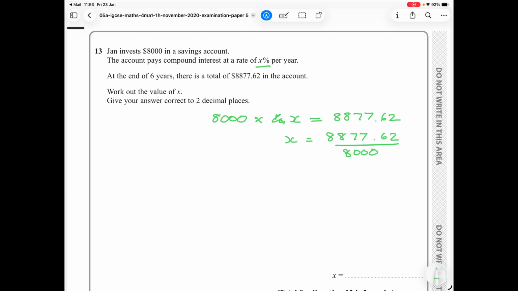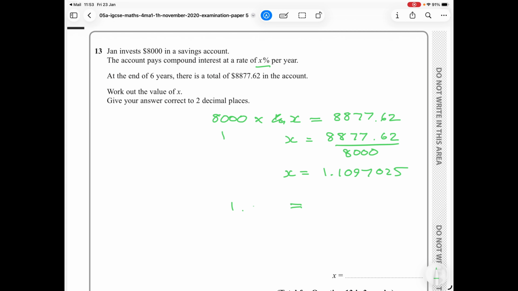And that's X equals 1.1097025. Now, at the beginning, this was 1. So what we were doing is we were timesing by something.